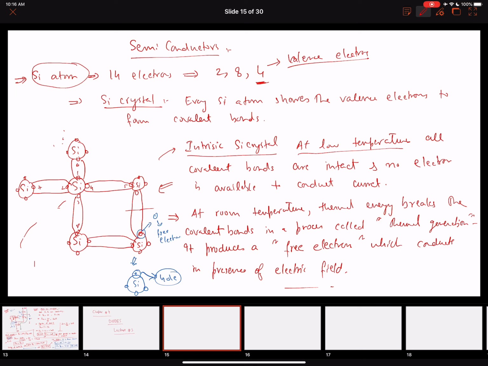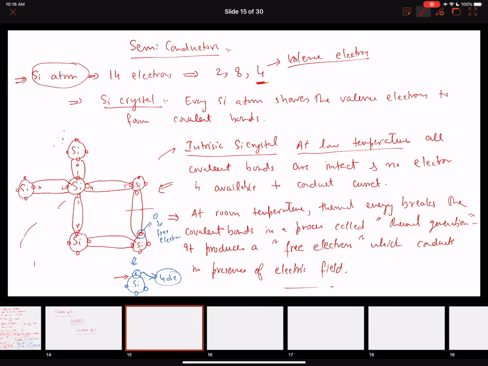When that electron is released, we get a net positive charge on that silicon atom, like this. And that positive charge is known as a hole. So the number of free electrons and the number of holes in an intrinsic silicon crystal are the same. And both free electrons and holes can conduct in the presence of an electric field.